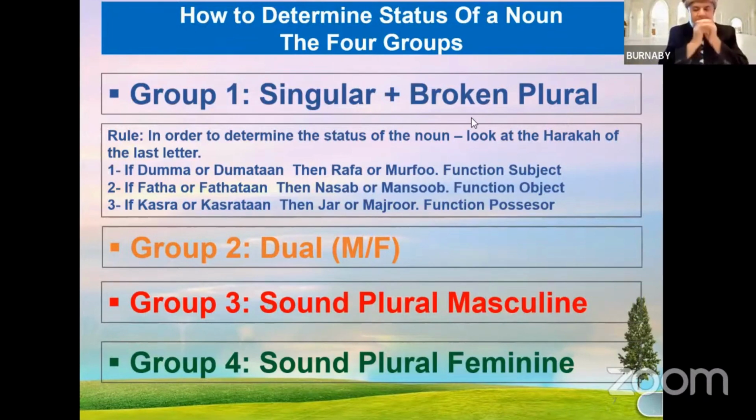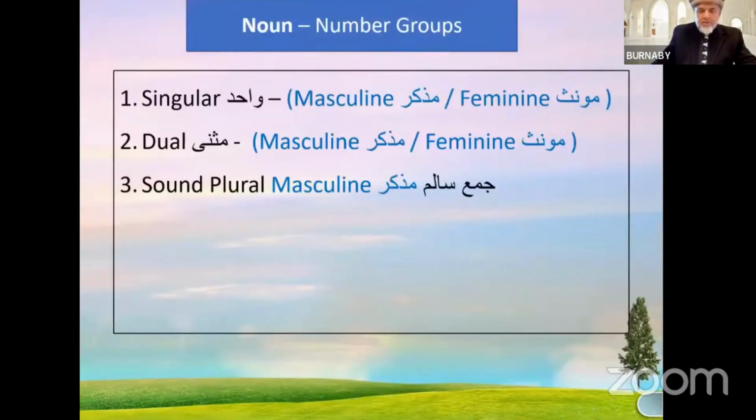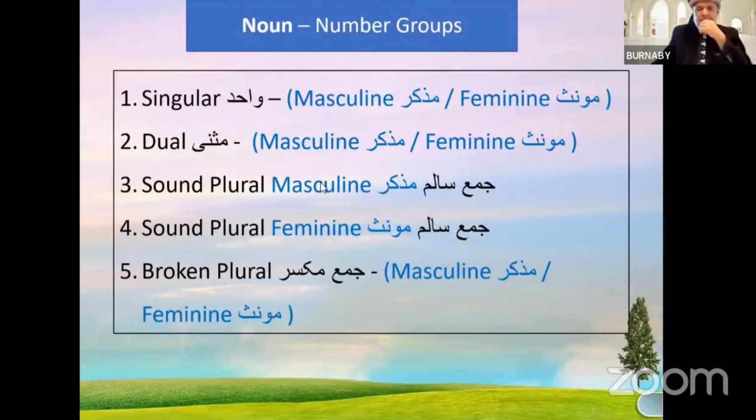Okay. Now, if we do the grouping, do you think we have 5 groups? Let me show you the example here. Look at this. How many groups do we have? Singular, Mudhakkar and Muannas, correct? We also have dual, Musanna, Mudhakkar and Muannas.